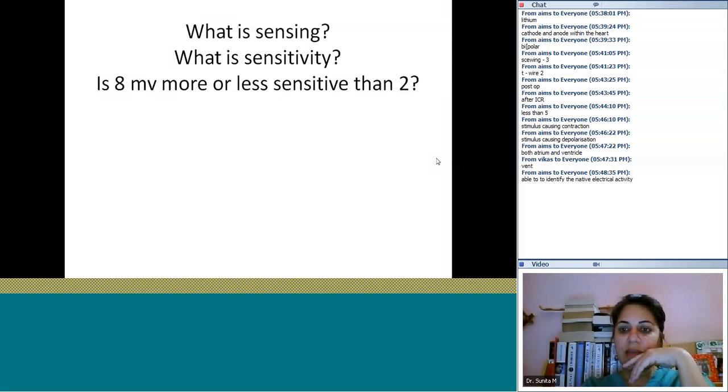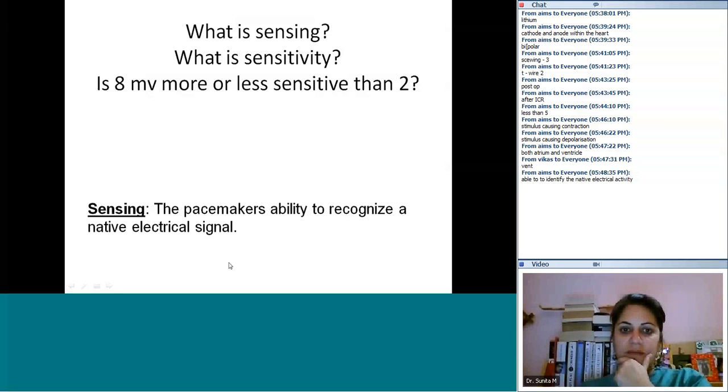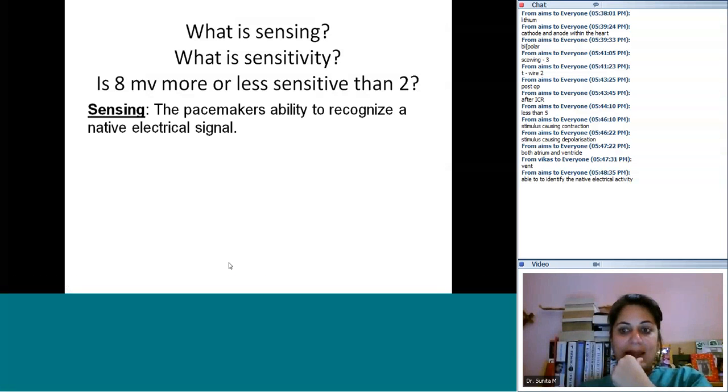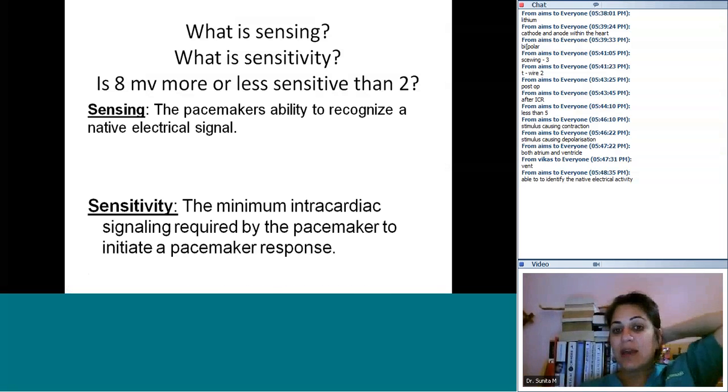So able to identify the native electrical activity is sensing. Okay, and what is sensitivity? Okay, and that's right. It is not the ability to identify necessarily the contraction. It's the ability to recognize the native electrical signals. There may or may not be a contraction, that depends on the myocardium, right?